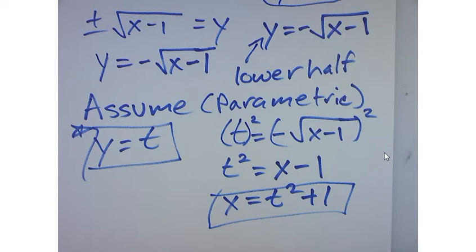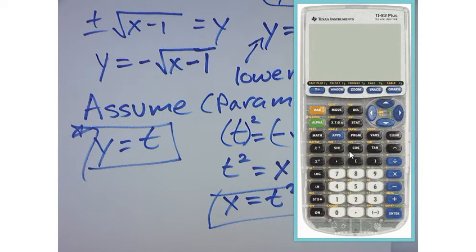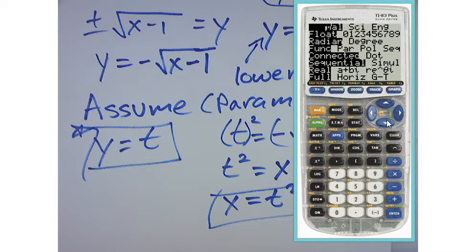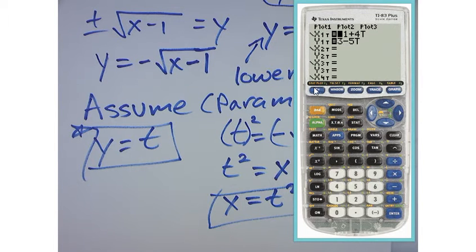Plug it into the calculator. So now I'm going to go into my calculator and I need to change my mode to parametric mode, right? So I'm going to select it, and then for my x function, we said it has to be t squared plus 1. And then on the bottom here it just has to be t, right?